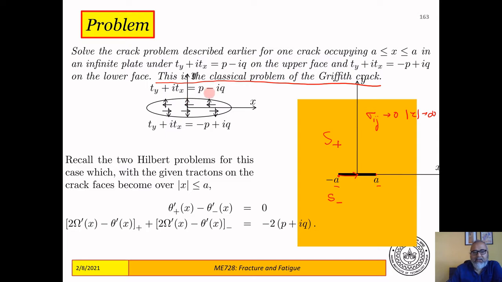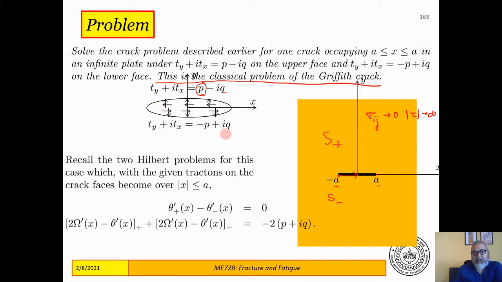On the upper face, the tractions are P minus iQ, P and Q being constants, not functions of x. So constant normal tractions are applied, P is the normal traction applied on the faces, and Q is the constant shear traction in the direction of x, applied on the top face.